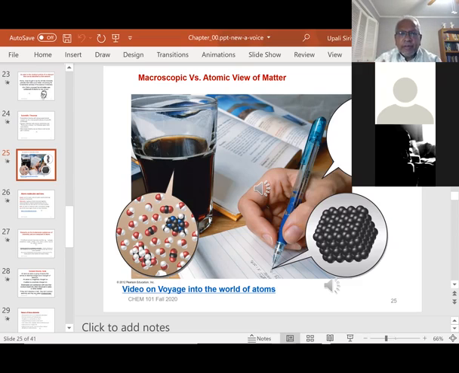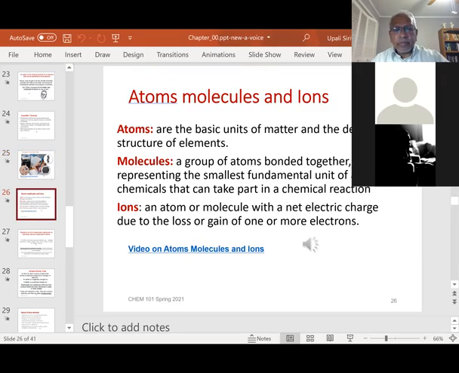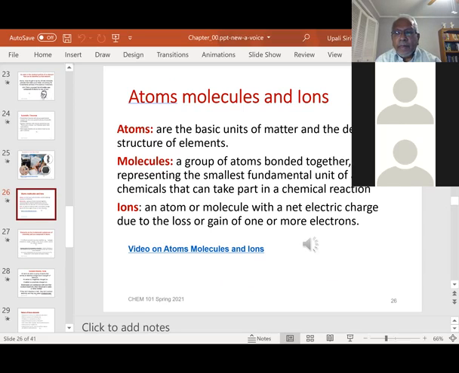When you look at things in chemistry, we not only look at the macroscopic or ordinary view, we have to go beyond and think in terms of atomic structure. That's what we're going to practice. So matter is made out of molecules and ions. Atoms are the basic unit of matter, defined in the structure of elements.